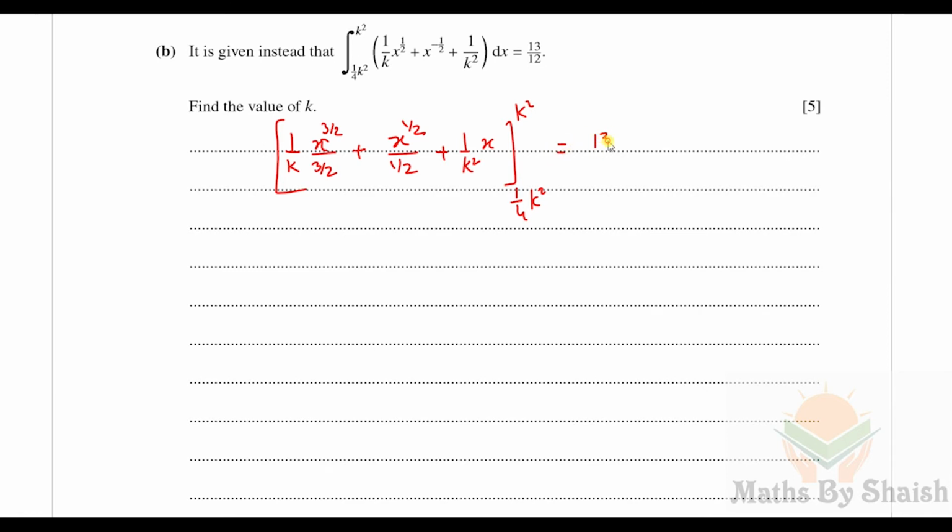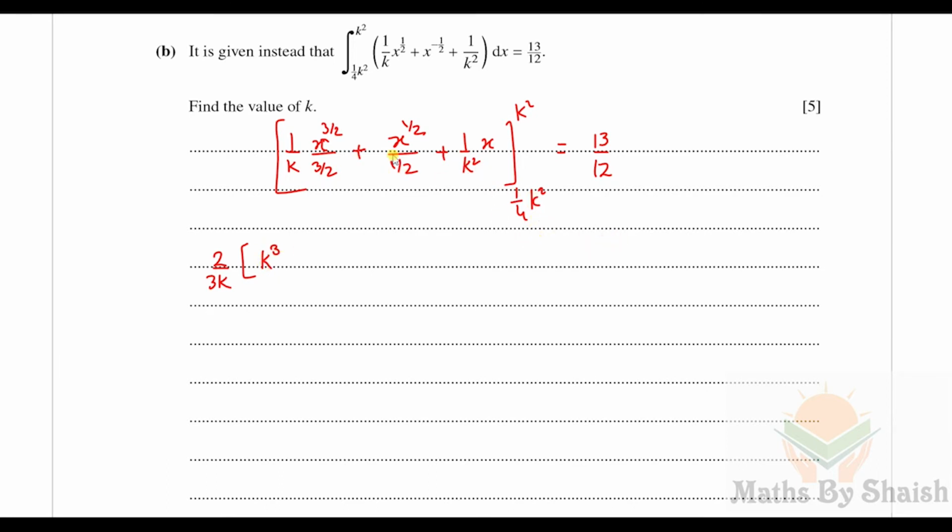So let's put the limit here. It becomes 2 by 3k times x to the power 3 by 2, where the upper limit is k square, so we are left with only k cube, minus the lower limit 1/4 of k square.